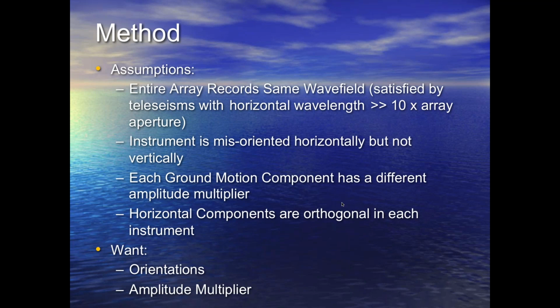As we'll see, it seems like we can get very high precisions out of this inversion, and it's getting down to the point where the precision seems to be greater than what the instrument manufacturers actually advertise. And so what I want are all the relative orientations of the sensors and the amplitude multiplier in front of each component to be able to see what the relative amplitudes are between sensors.